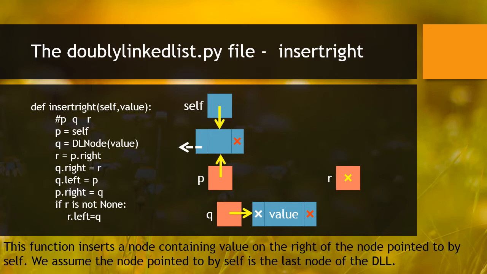Now we set Q.right to R. Q.right is currently None and R is also None, so that is already done. Then we set Q.left to P. Make the white pointer of Q point where P is pointing. Done that, then P.right is Q. Make the red pointer of the node pointed by P point where Q is pointing.